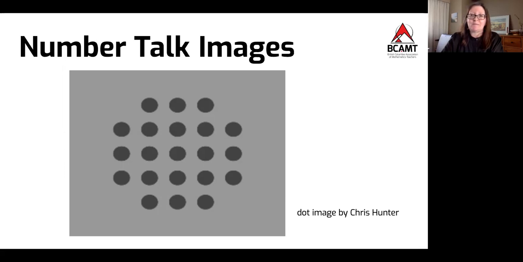How do you see them? What different ways might you decompose or group those dots or count those dots? Again, thinking about the age of the students that you work with, and then how might you record or notate students sharing of their thinking? You can pop that into the chat box.